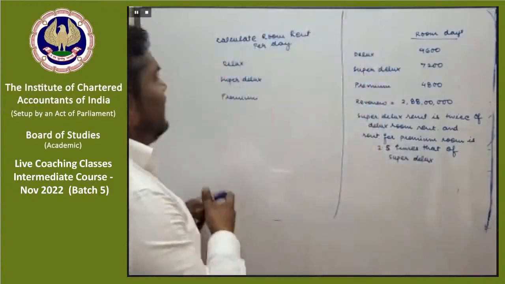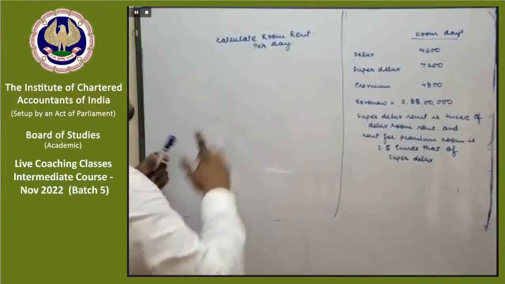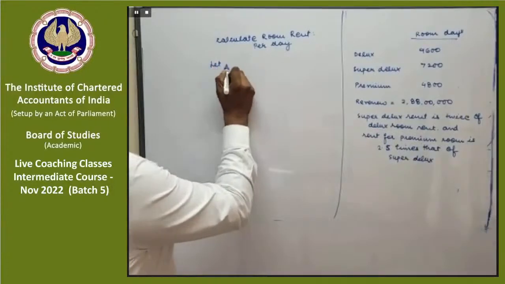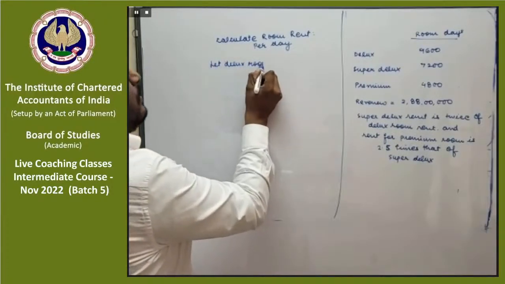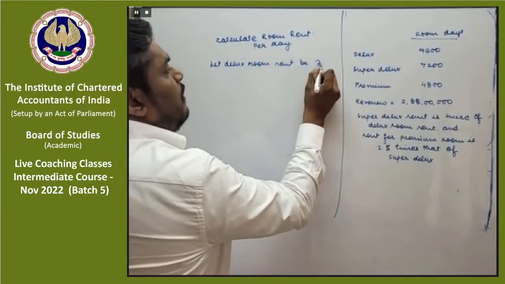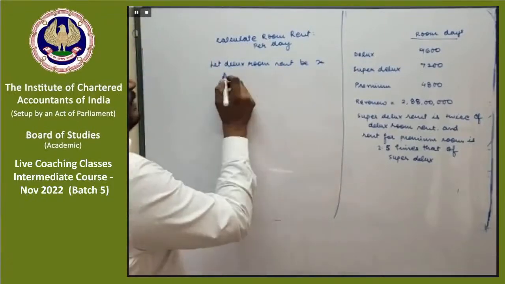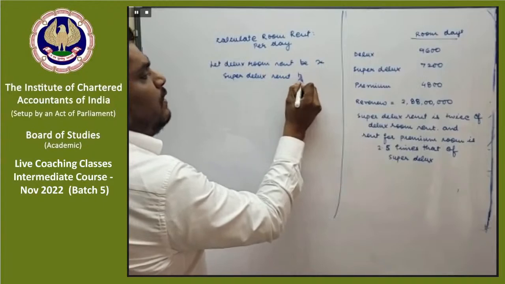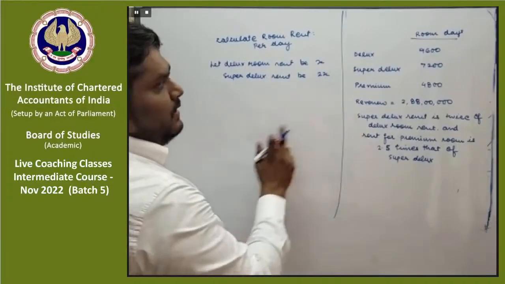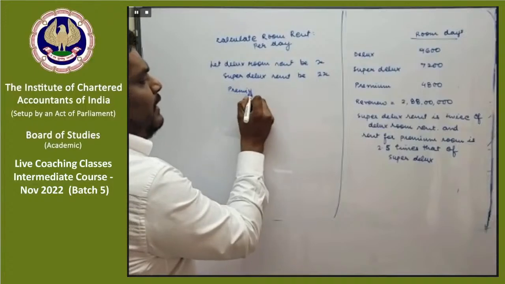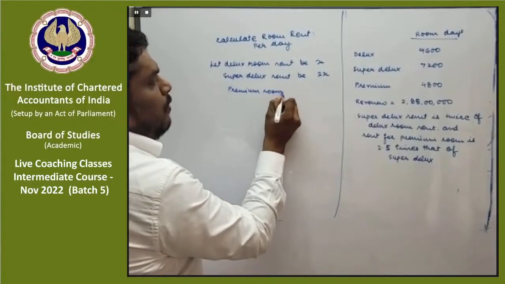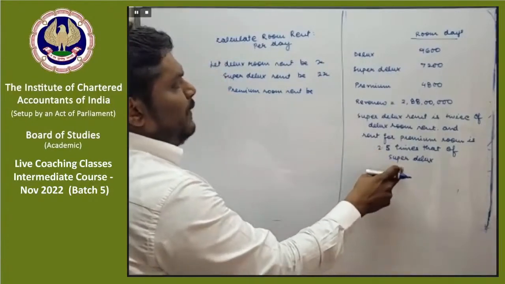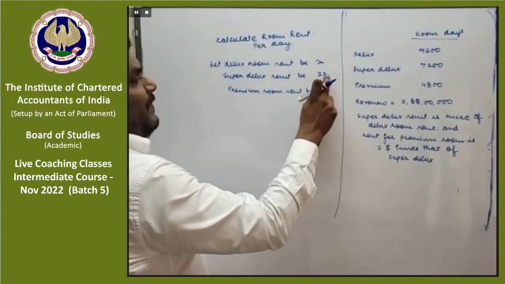Okay, now writing the solution, guys. So super deluxe rent is twice the deluxe room rent. So let deluxe room rent be X. So super deluxe rent will be 2x, and premium room rent will be 2.5 times of super deluxe.